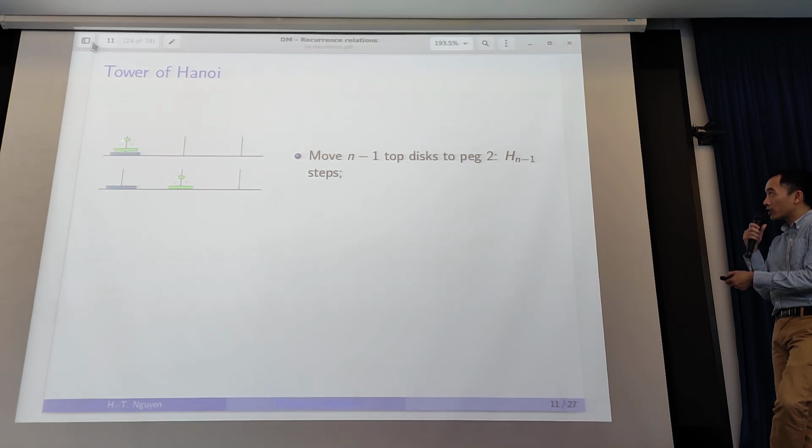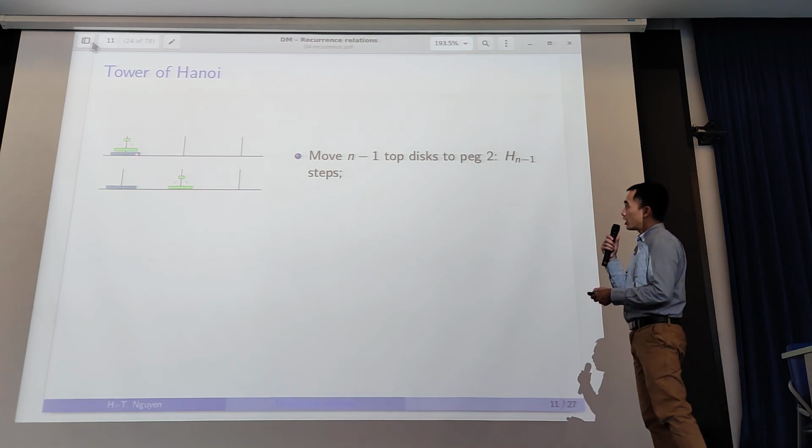So when you move all the n-1 discs here to here, they must still be arranged in order from larger at the bottom to smaller at the top. Okay?